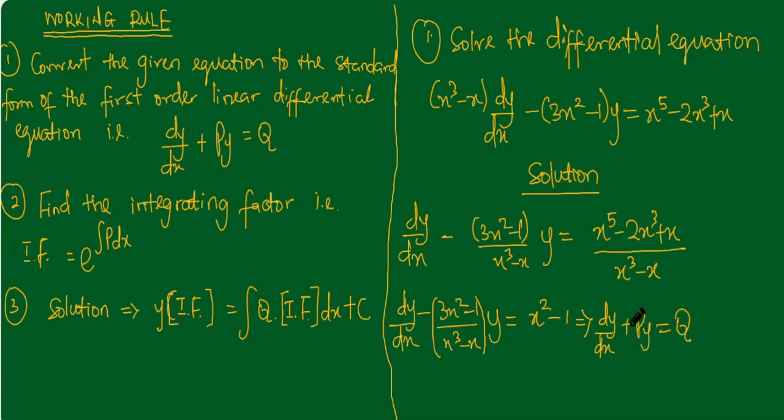You can see now that p is a function in x only and is equivalent to minus (3x squared minus 1) divided by x raised to power 3 minus x, and q is x squared minus 1. So the next thing is to obtain our integrating factor.